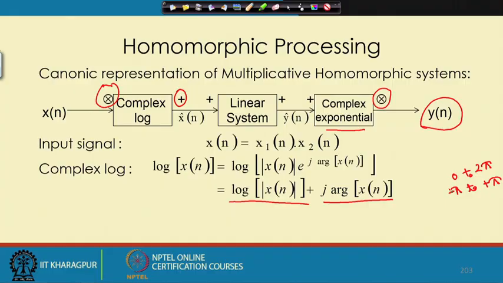However, after the complex logarithm, it would be mapped into one of these ranges depending on how we are calculating that angle. Okay. So, that brings a discontinuity, the smoothness in the phase is lost. Okay. So, later we need to take care of that.